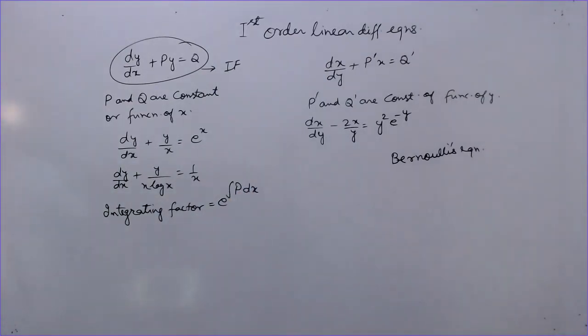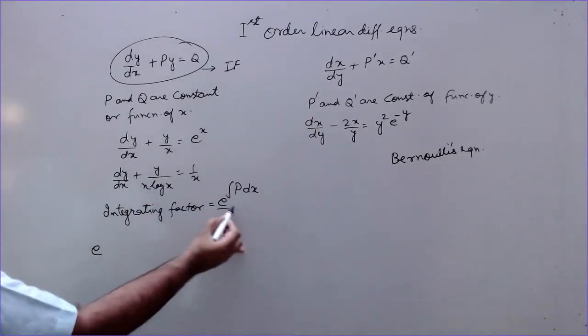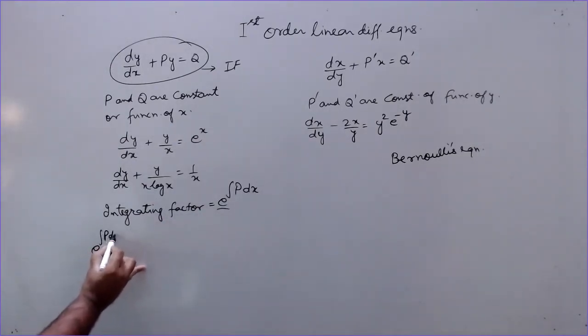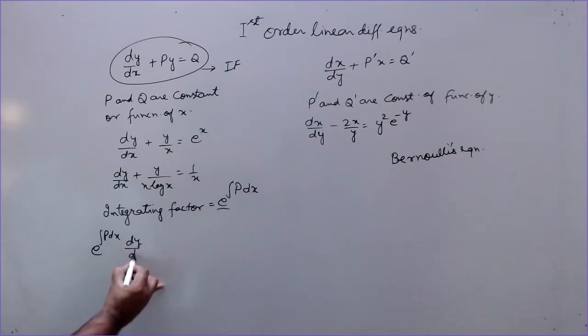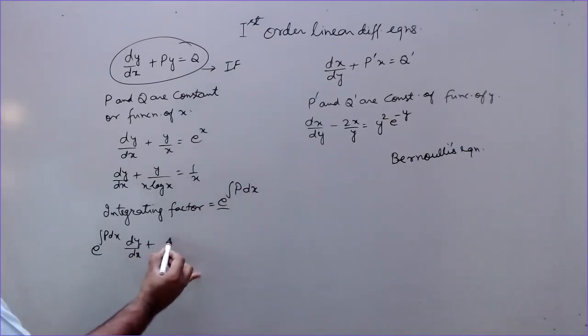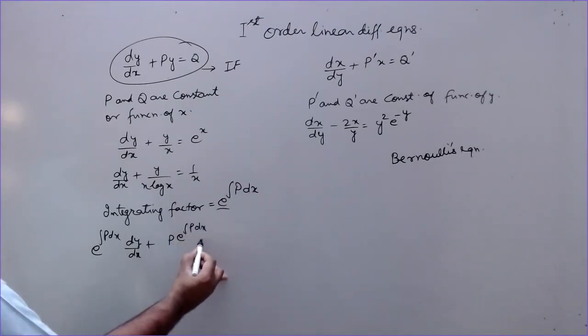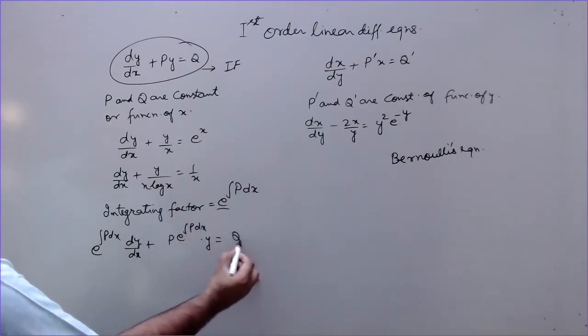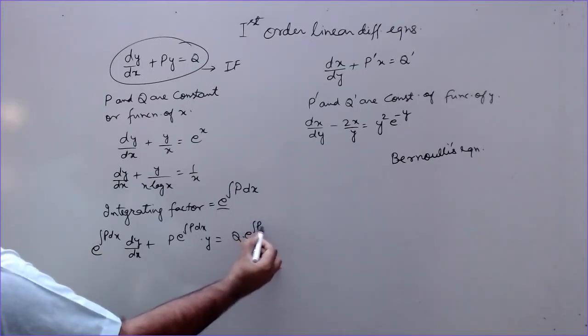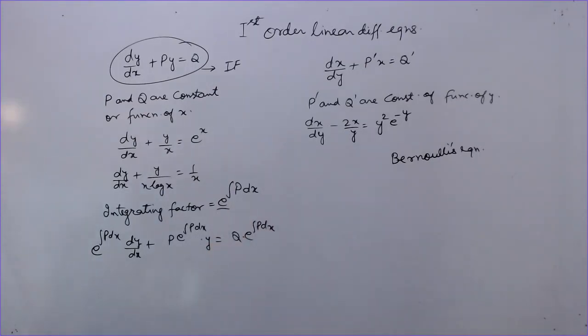If you multiply both sides of this equation by this integrating factor, dy by dx plus p e to the power integral p dx into y is equal to q exponential integral p dx. Now if you see this, how can this be written?